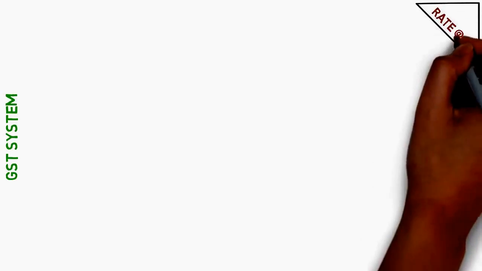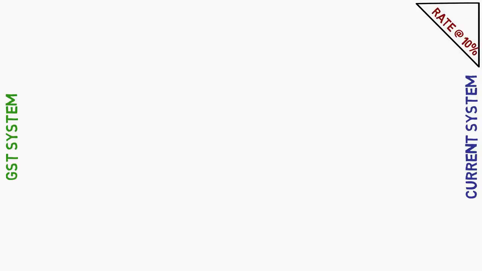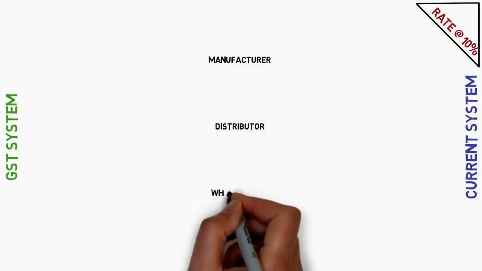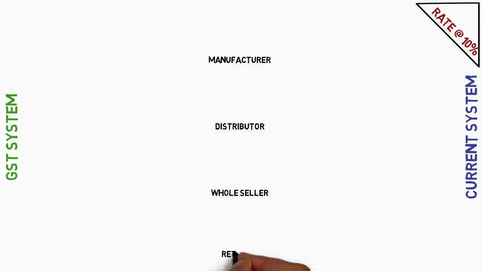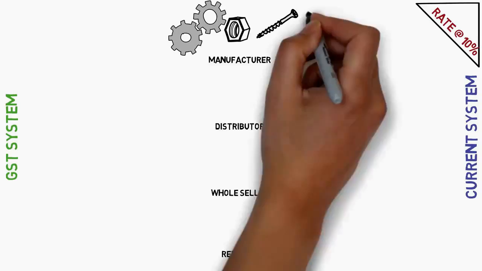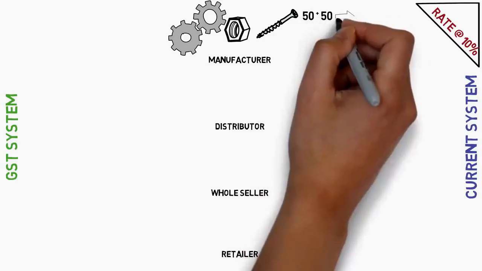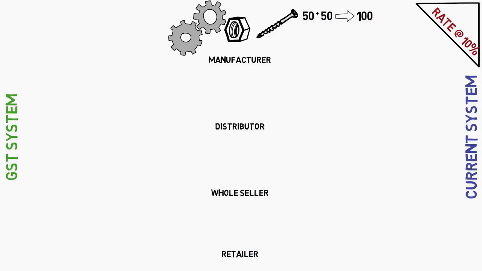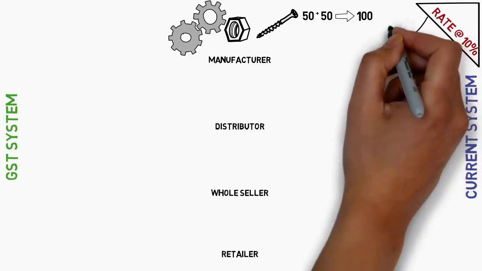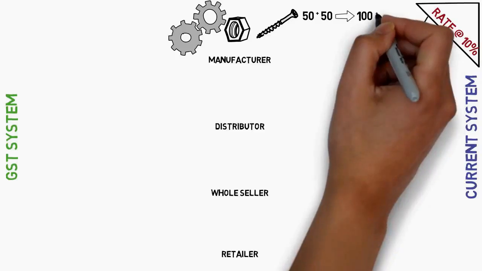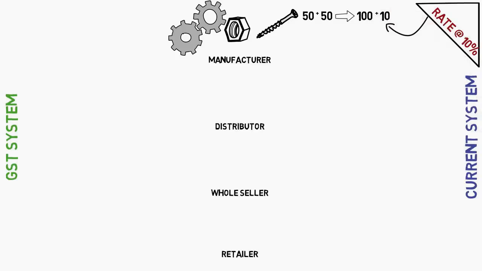Consider a simplified tax rate of 10% at each level. There are generally 4 levels: manufacturer, distributor, wholesaler and retailer. The manufacturer buys raw material, let's say of rupees 50, and manufactures the product, which adds 50 rupees value to it. So the product becomes 100 rupees. For selling this product, he needs to pay 10% tax, which is 10 rupees.